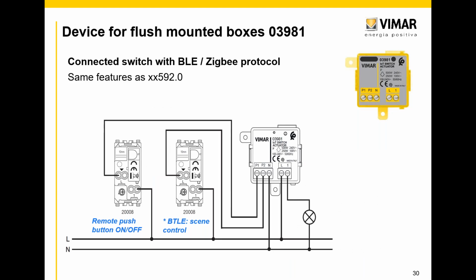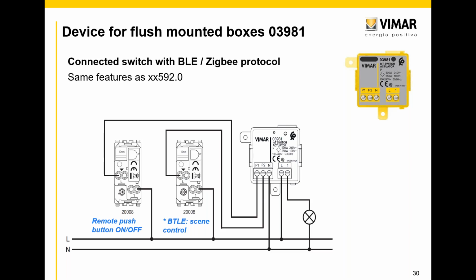Sometimes we also need to hide the interface, to hide the connected device, and use an existing switch or an existing push button. So in this case, this is the solution. It's a small interface that has two inputs for push buttons, one or more to turn the light on and off, and as well one or more to control a scenario in a Bluetooth way.